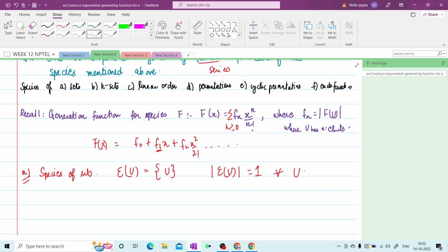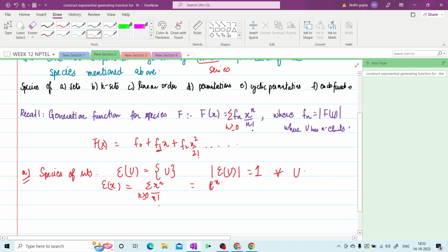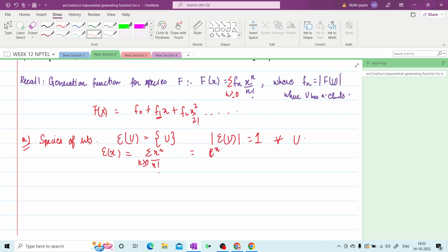So the exponential generating series will be just sigma x raised to the power n by n factorial, where n varies over all integers, and this is nothing but e raised to the power x. So the first was easy.